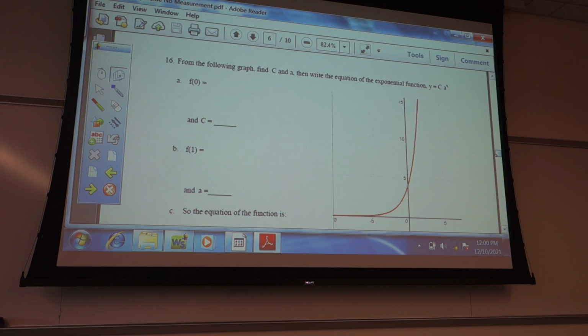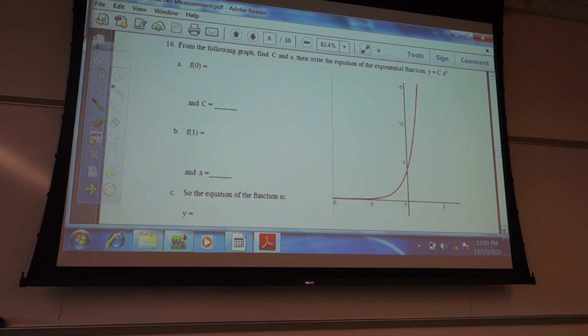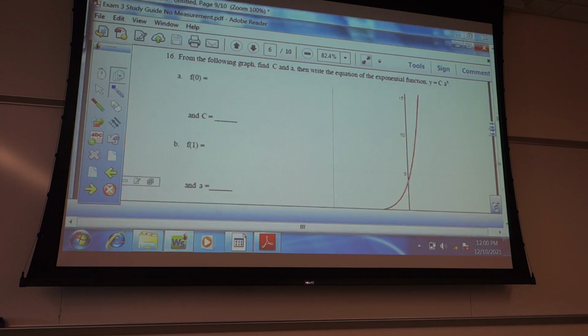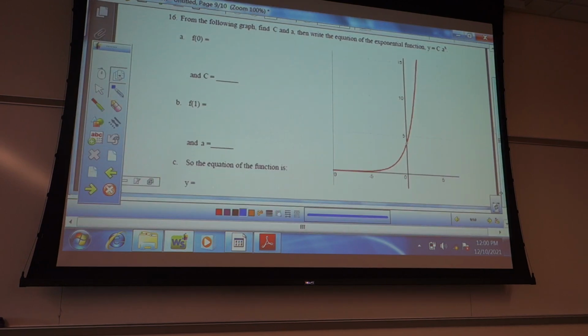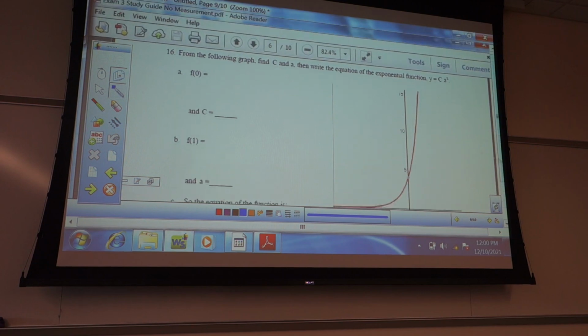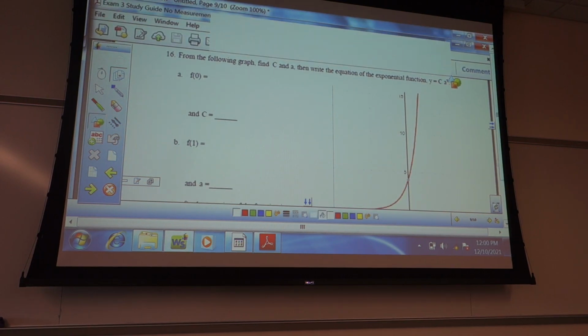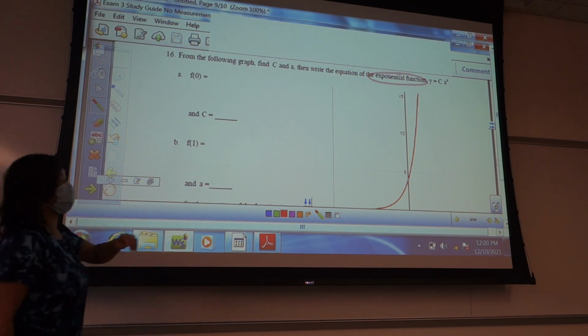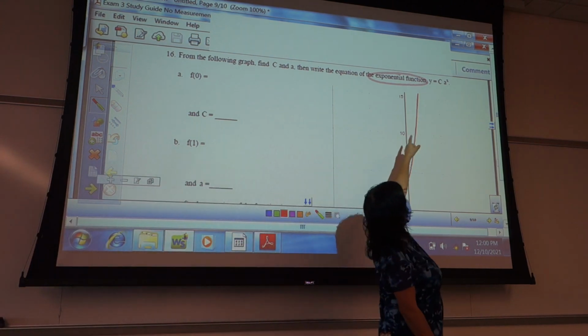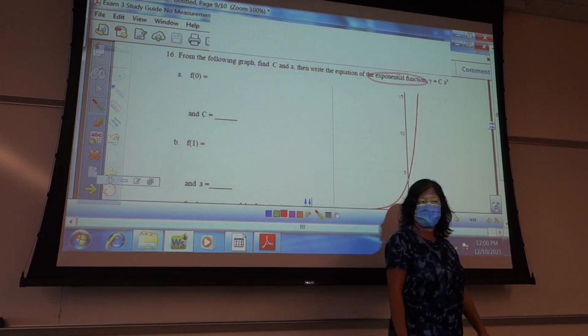Now, did we do 16 last time? No. Okay. So 16. Remember, it says exponential. Everyone see where it says exponential? Exponential function. I gave it to you right here, but I might not in the exam. However, the front of the exam will say exponential, y equals c times a to the x.